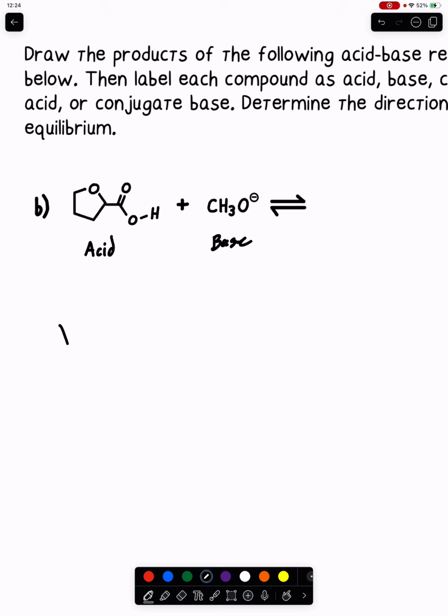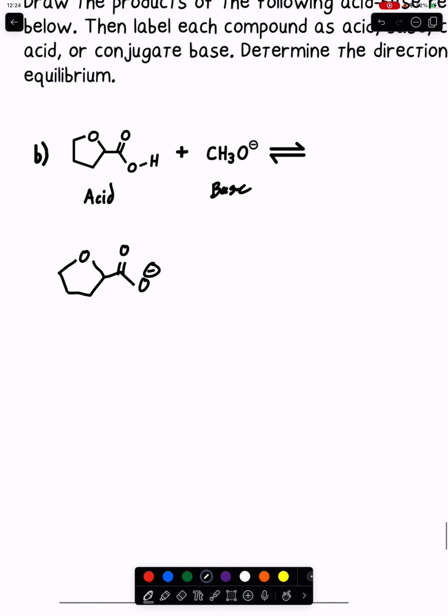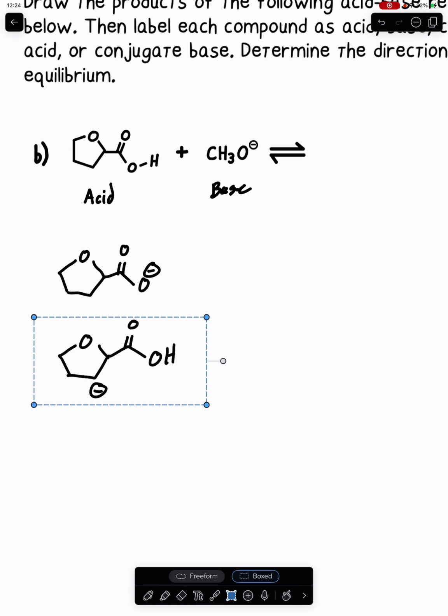Again, you can look at the conjugate base of each to figure out which one is most acidic. So here's what I mean by that. I'll do this a few times in a few of these examples. If we want to figure out which one is most acidic, we'll look at the conjugate base. So there I'm removing the proton on the oxygen to look at that conjugate base. And then I'll remove a proton from one of the carbons here. And let me duplicate this.